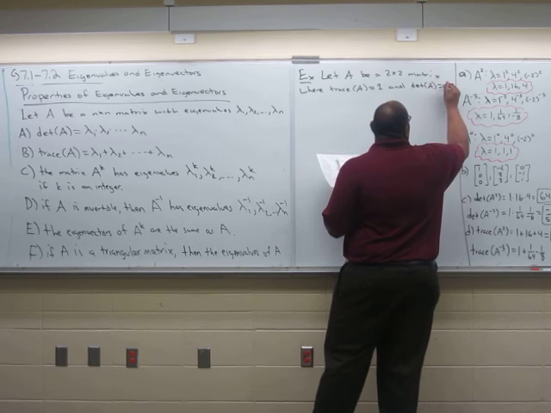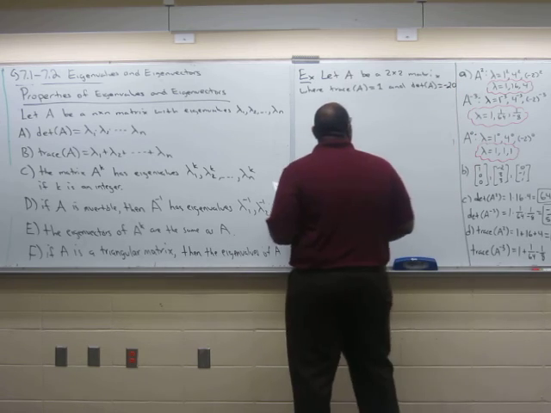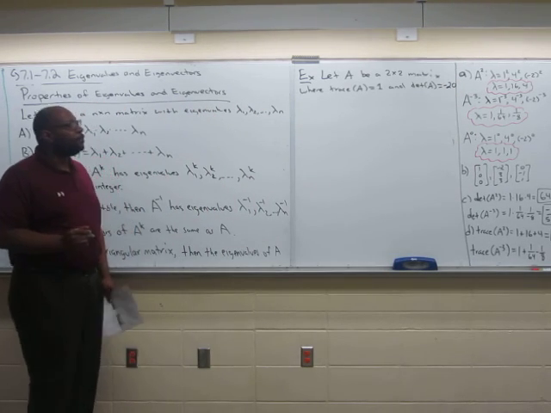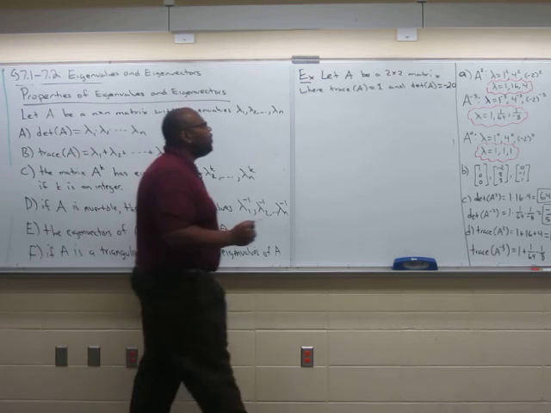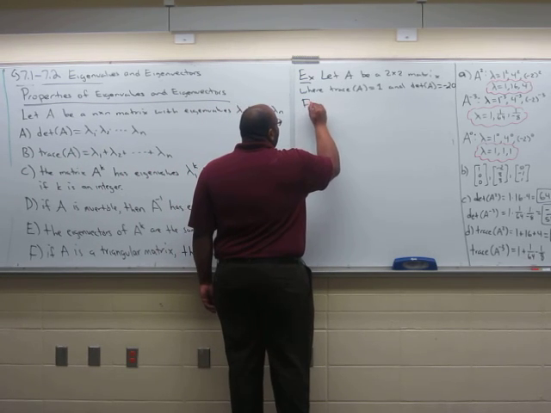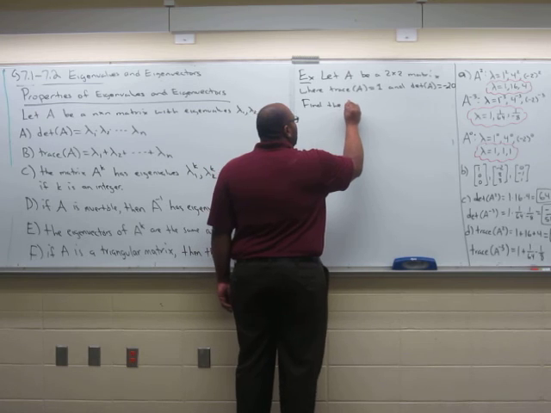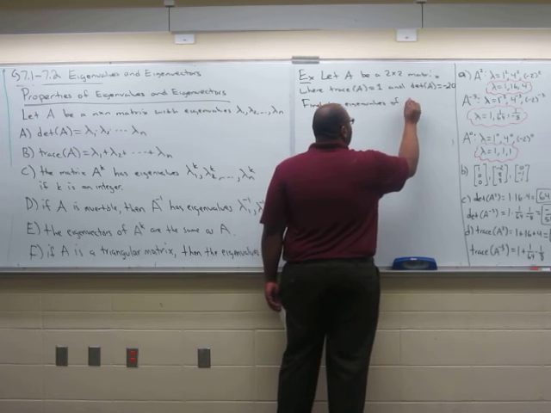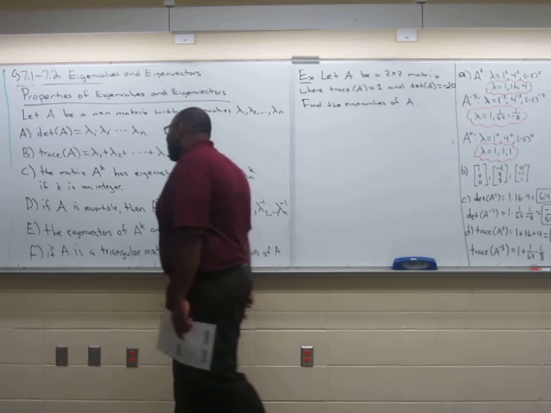Okay, this is in the PowerPoints. Trace of A is equal to 1, determinant of A is equal to negative 20. Find the eigenvalues of A.